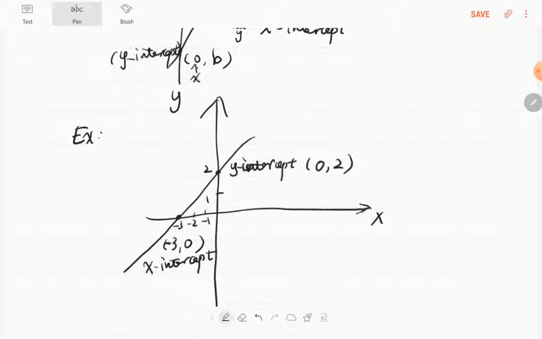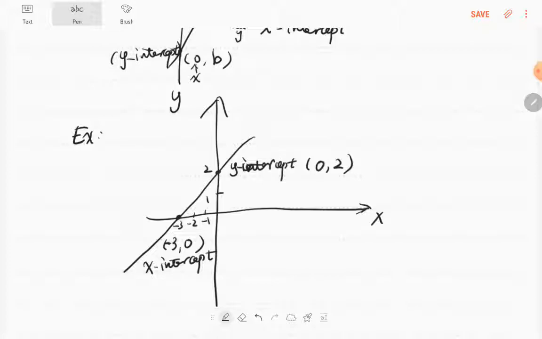Again, the x-intercept is a point that is always on the x-axis, and the y-intercept, another point, is always on the y-axis. For the x-intercept, the y value automatically equals 0, so we only need to figure out the value for x.